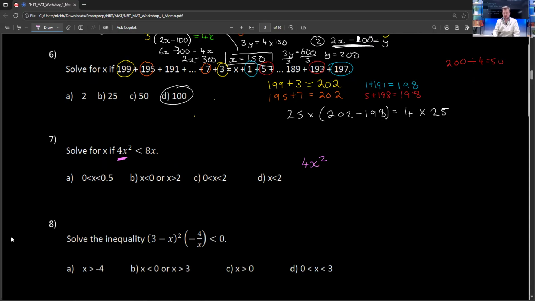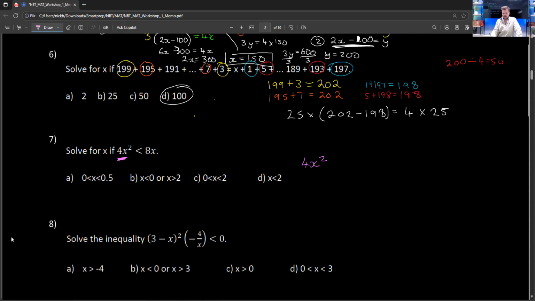Which wouldn't work, because 4 times 0 is 0 and 8 times 0 is 0. So I can already rule out this one, this d. And so you could sub in some of the values and therefore eliminate some of the options.